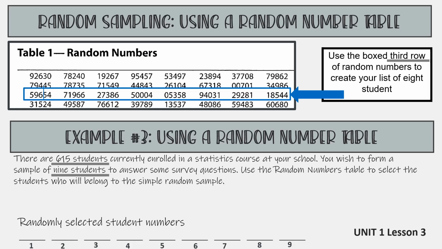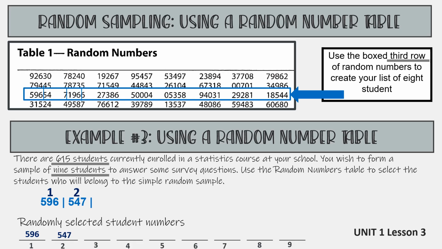So there's our first break, and that number is 596. It is 615 or lower, so that's going to count as our first randomly selected student. Break off the next 3. That's 547, and that works too. So that is our second one.